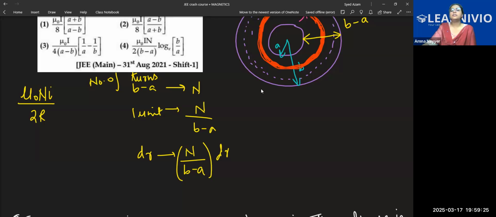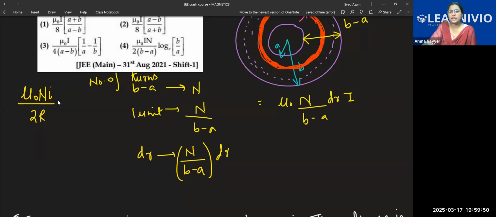Now I'll put it in the formula. So this will be mu naught. Now we write N I. What is N? N is this, N by B minus A dr. And then I will put I. What's the current? Current is capital I. And what else do we write? Mu naught N I by 2R. Right? This is what we write.